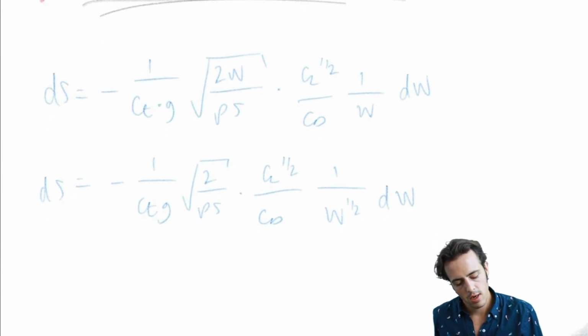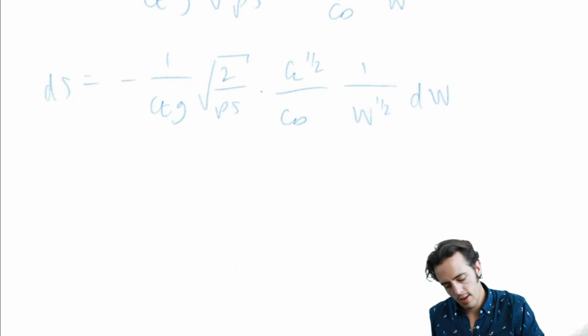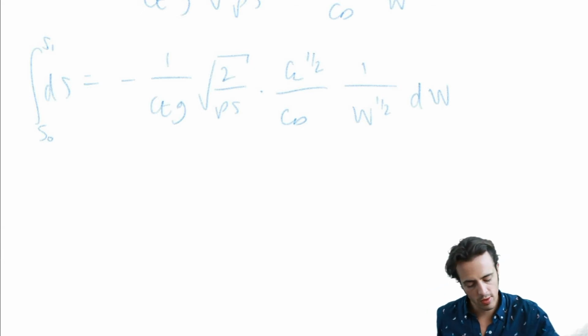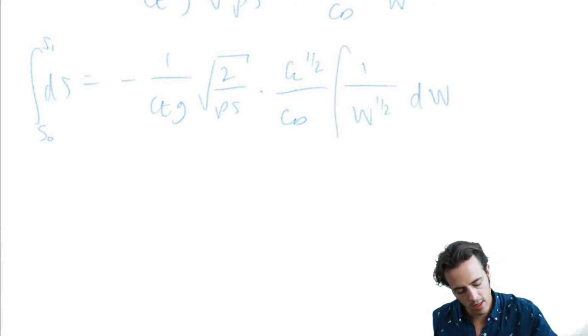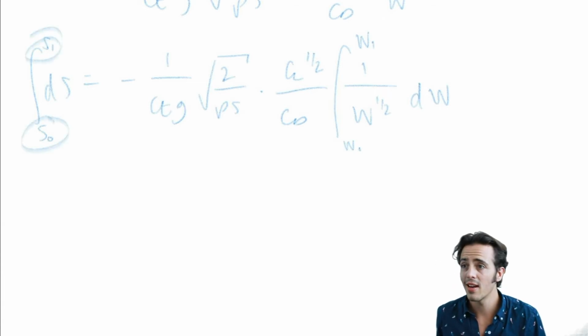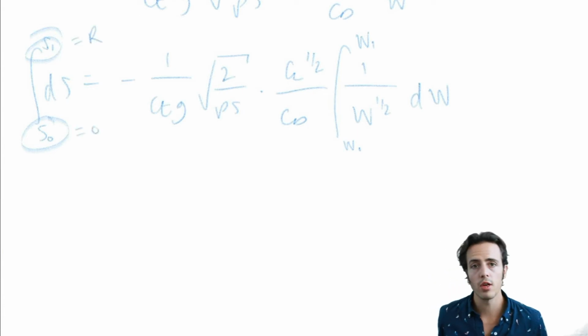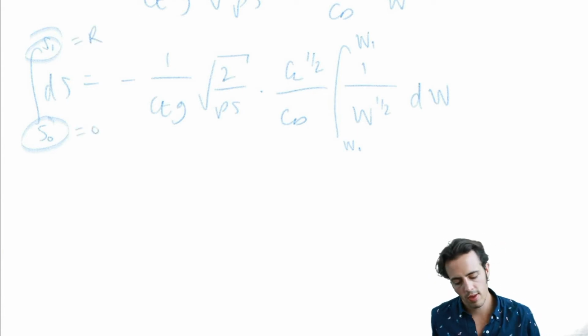Let's say the integral from S1 to S0 is going to be equal to the integral on this side, W1 to W0. Now actually I've written S1 and S0 here. I could have just written R and 0 there. So this gives us the range on the left hand side.